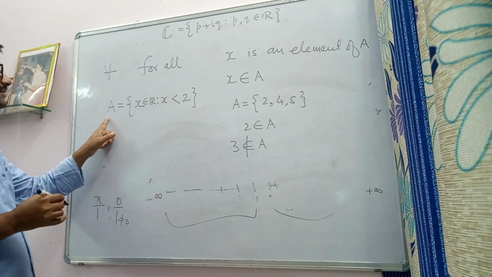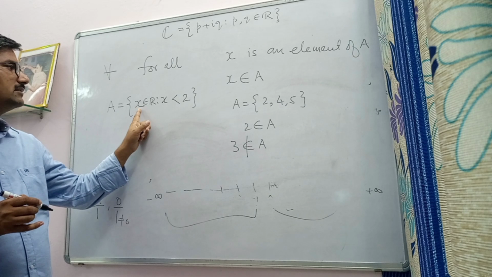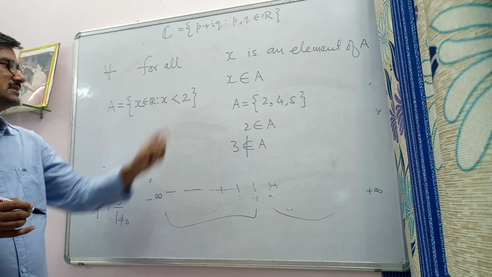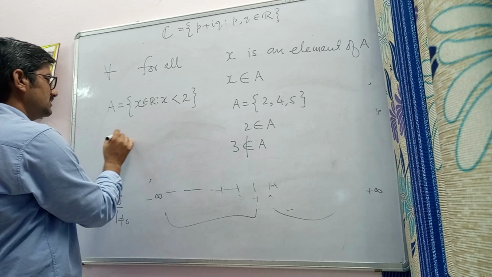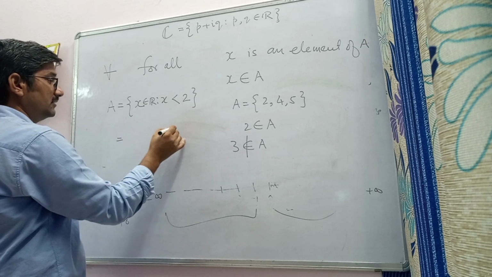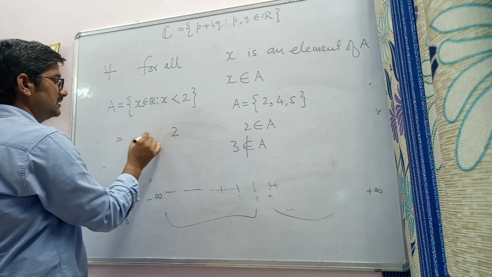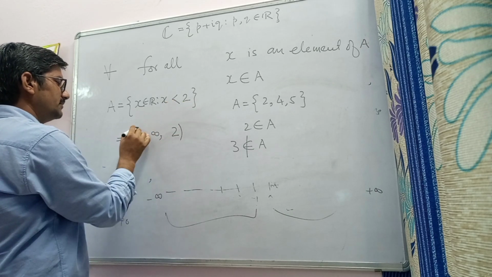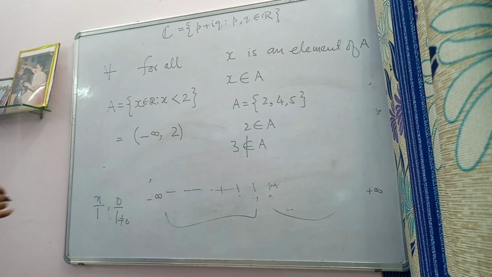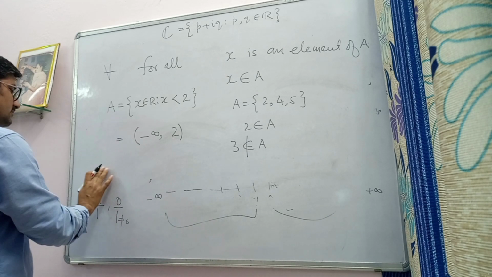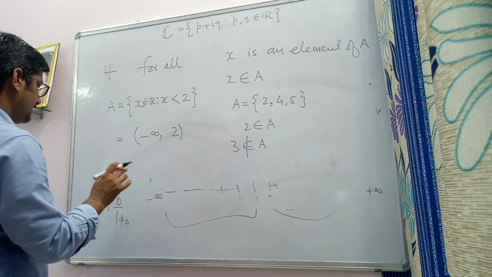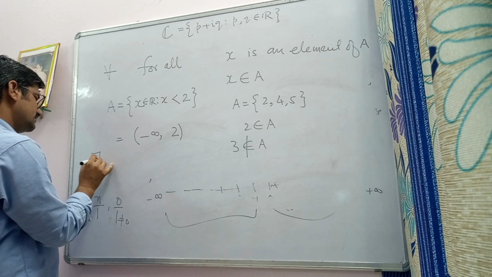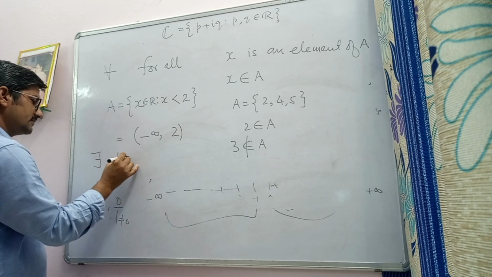This set contains all real numbers which are strictly less than 2. This set can be written in another form, known as an interval: x is less than 2, so the open interval minus infinity to 2. Next, suppose I write this symbol. This is there exists.